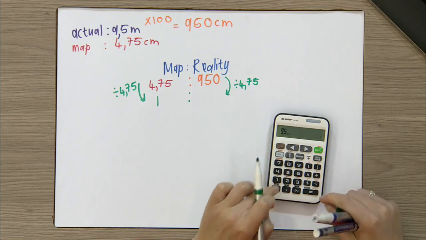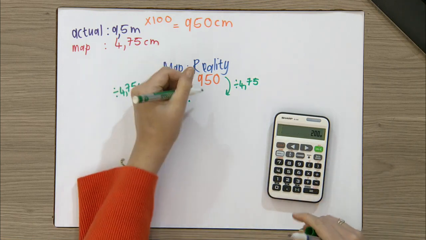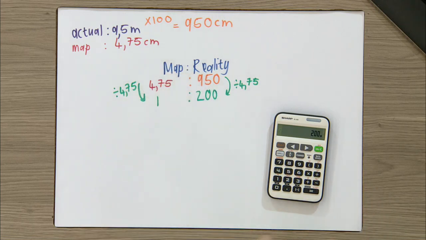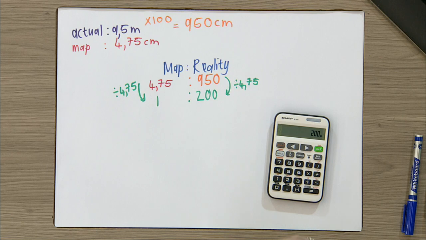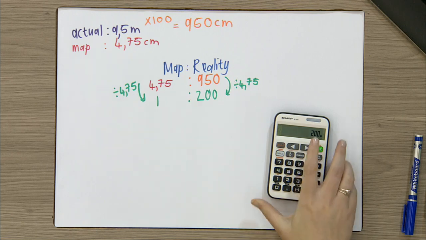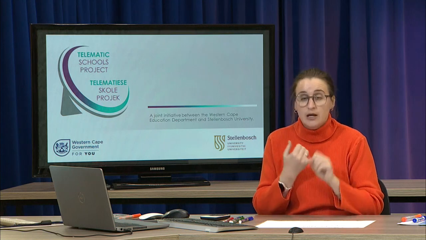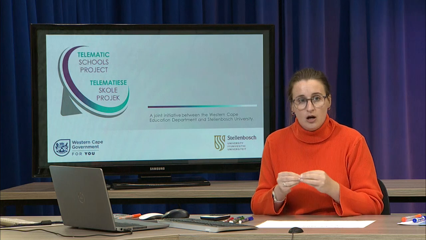So now if I say 950 divided by 4.75, I get a scale of 1:200. So grade 12s, we've now practiced the skill of determining the scale after we explained it. So always look, what was given, how can I convert to the same units, and what is asked.